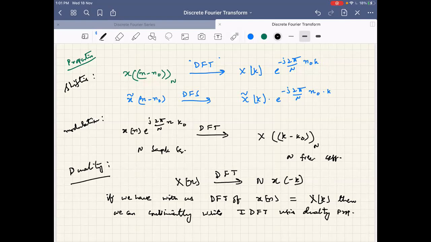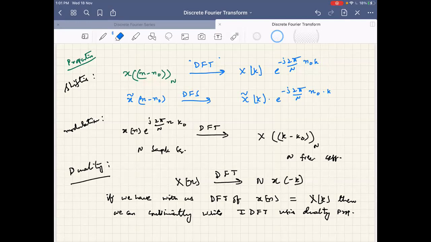Or say, if you have with us IDFT of X of k equal to x of n, we can easily write the DFT. Okay, so fine.